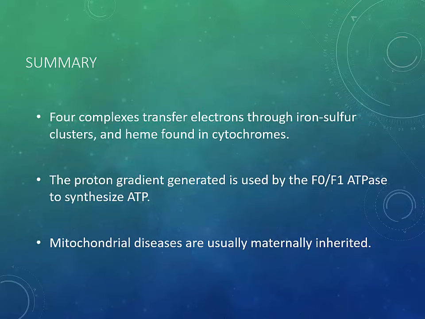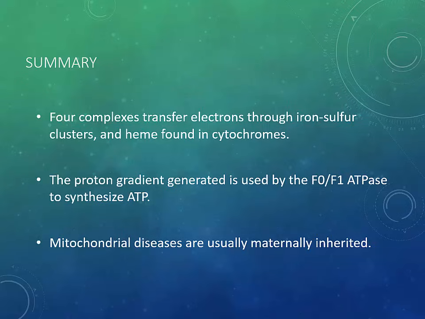We talked about 5 complexes. And we talked about 4 of them that transfer electrons through iron-sulfur clusters and heme found in cytochromes. We talked about which ones pump protons, basically all of them but complex 2; complexes 1, 3, and 4 pump protons to the inner membrane space.